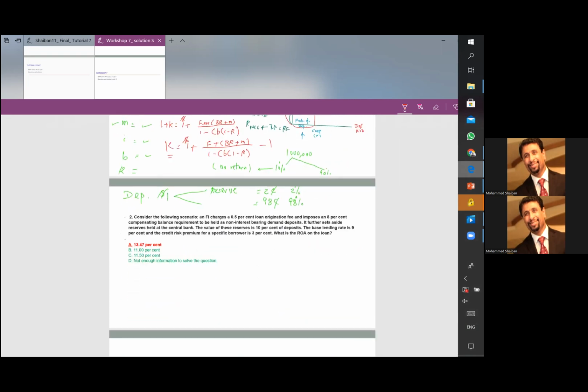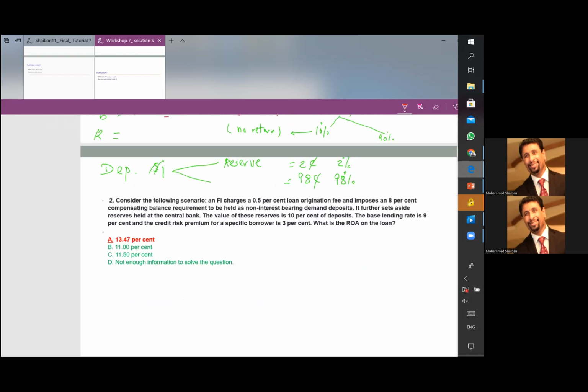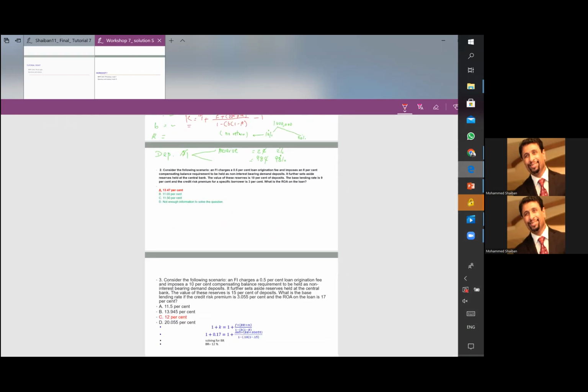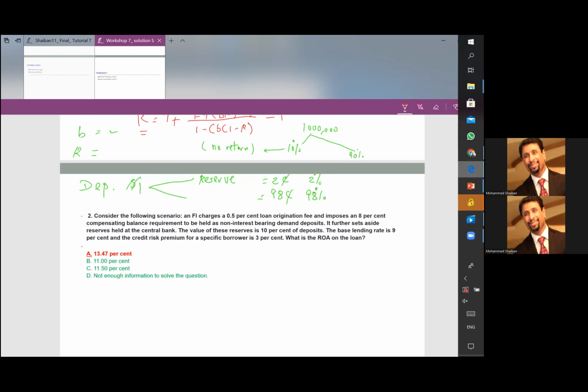So if I come now and tell you, for example, to this same problem, I add that the I is 10%. And I tell you, this customer also gives me collateral of 50% of the loan.